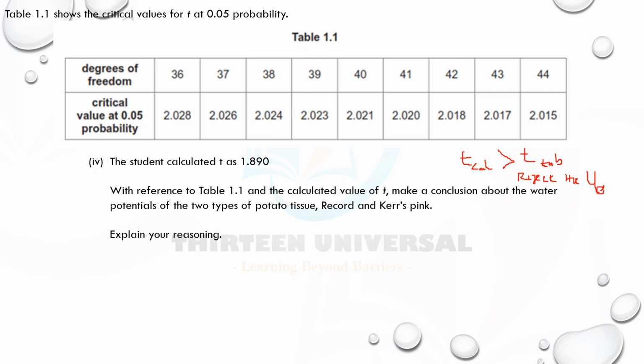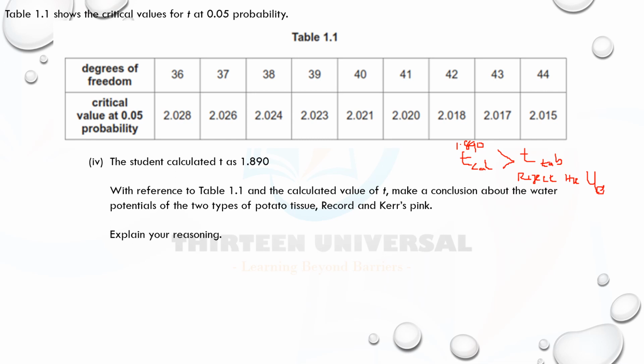Now the calculated t value is 1.890. So let's check it out. For the tabulated value, you have to use the degrees of freedom. We got 38. Trace it here. So this is the tabulated value, 2.024.